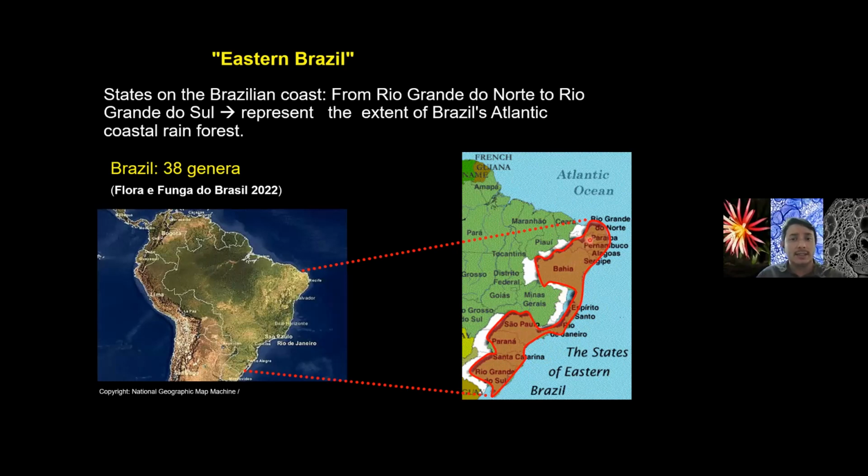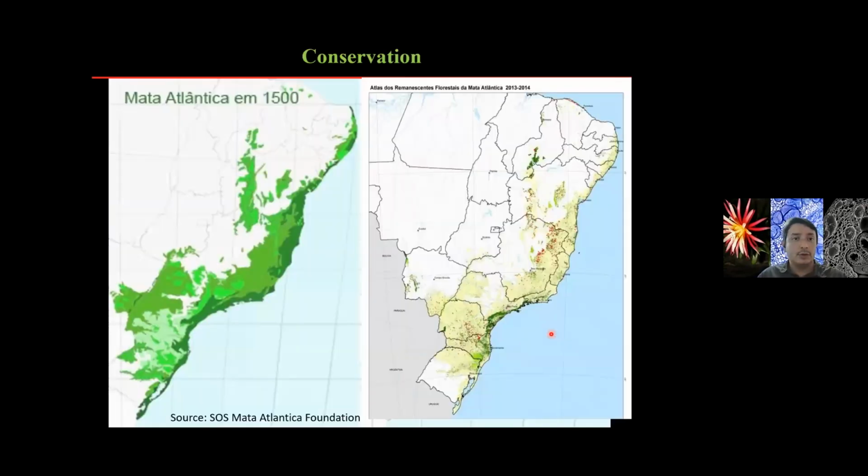The big cities are in that region. So if you look at the forest cover in that region 500 years ago, and compare it with what is left today, in green is what we have kept in forest.